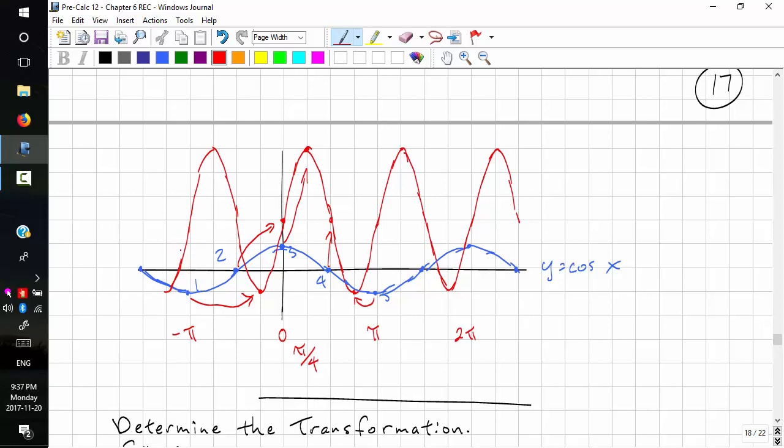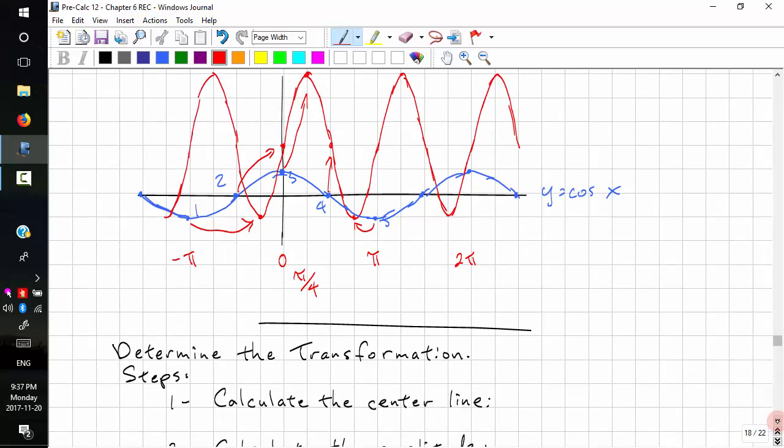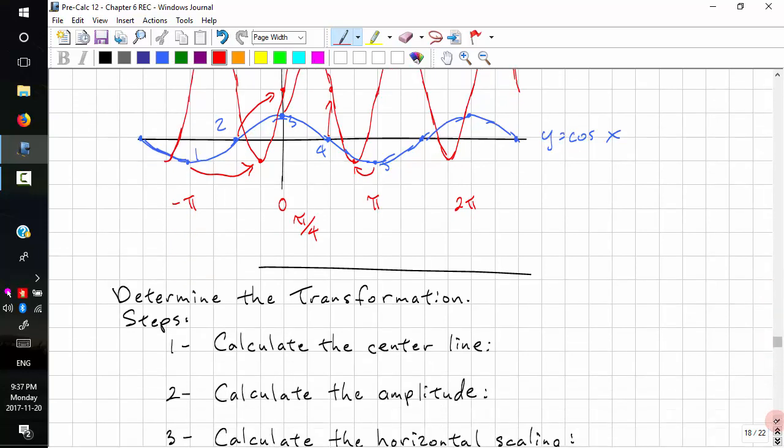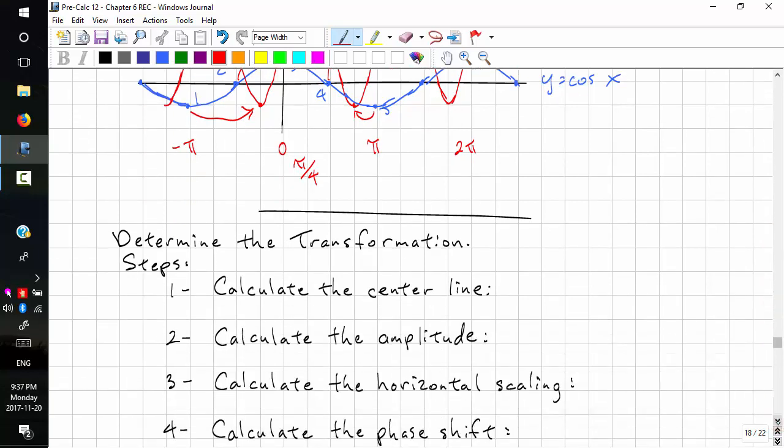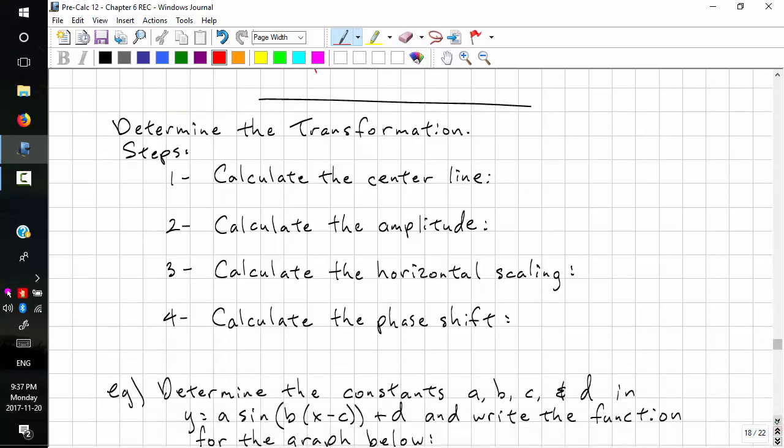And that's it. So choose between the 3 methods, whatever you like the best, or whatever the one gives you the least amount of errors. One more last task. We need to determine the transformation. And unlike what we've done before, you do not have to do full algebra for this.